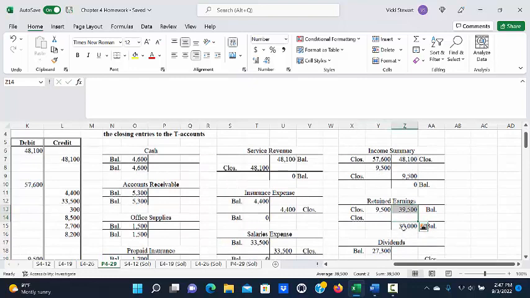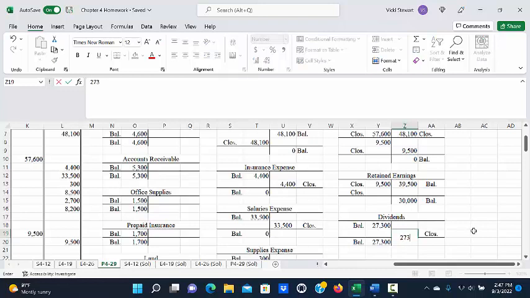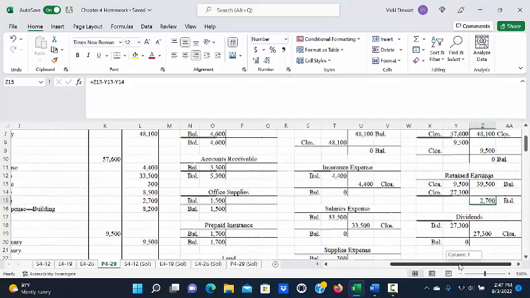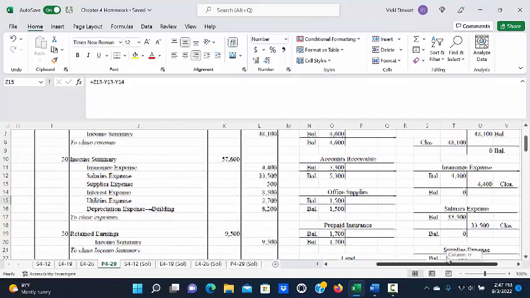But we also need to close our dividends. So to close the dividends, we would credit dividends for $27,300, and we would debit retained earnings for the same amount. And we can see that our ending balance for retained earnings in the T account is $2,700, which is the amount that we had calculated in the statement of retained earnings.